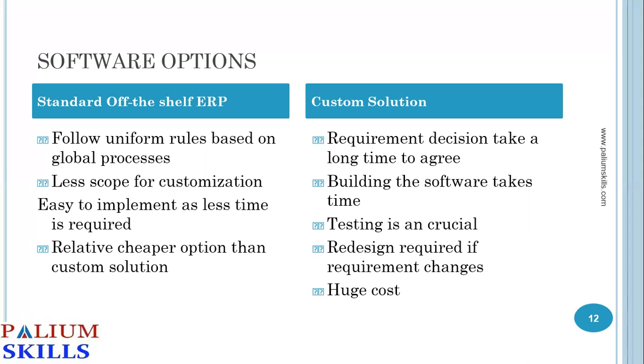To give you an analogy, when someone decides to buy a shirt, they can either go and buy the cloth first and then go to the tailor, get the measurements done and create that shirt, or they can go to a Pantaloons or a Shoppers Stop and buy the shirt directly from the shelf. There are pros and cons of both. When you buy the shirt directly from the store, it may not fit the person perfectly, right?